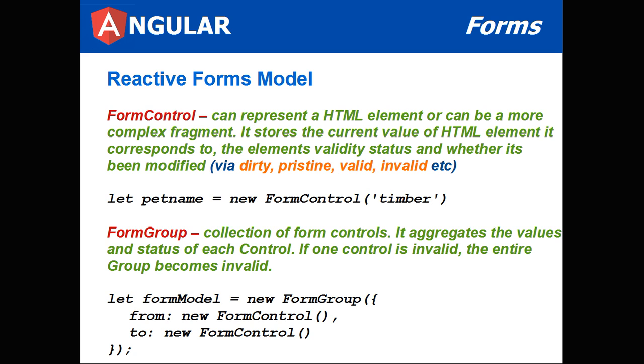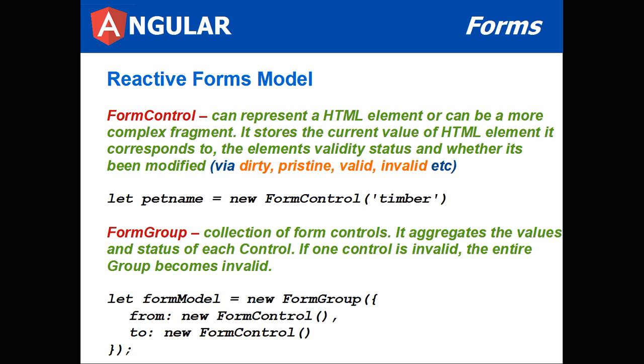A form control can represent an HTML element, or it could be a more complex fragment. It stores the current value of the HTML element it corresponds to, the element's validity status, and whether it's been modified. For example, it can determine whether the data is dirty, pristine, valid, invalid, etc. For example, suppose we let pet name equal a new form control and initialize its value to timber.